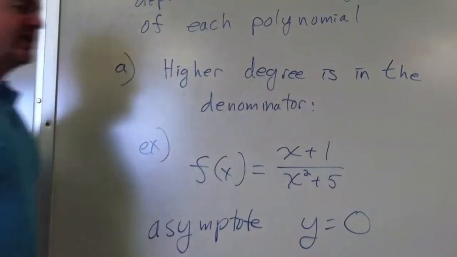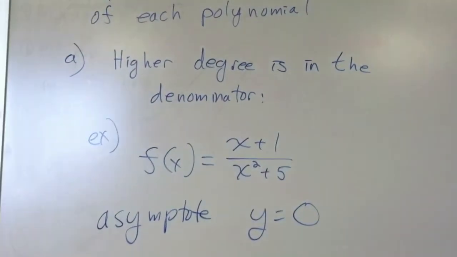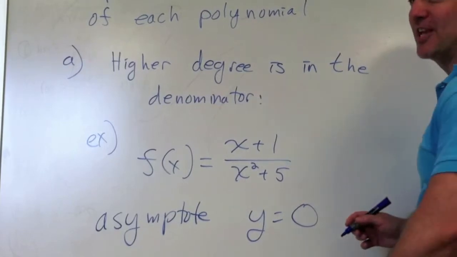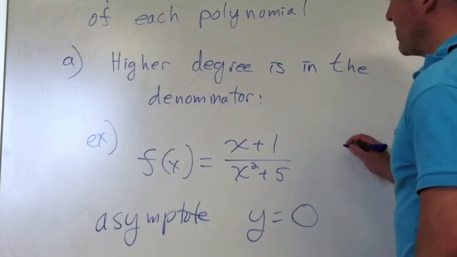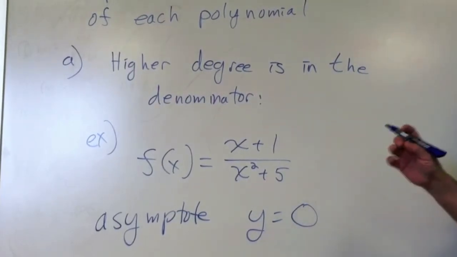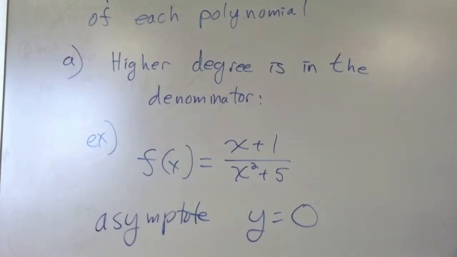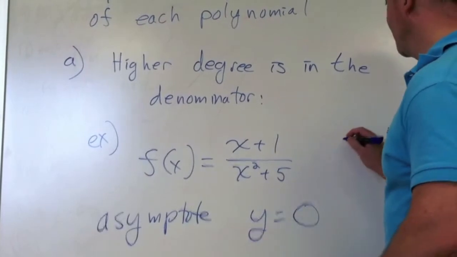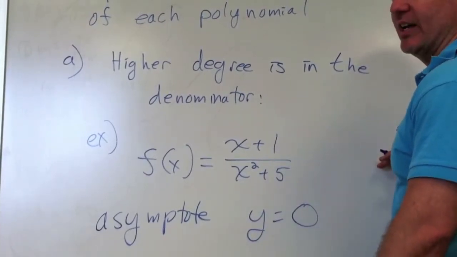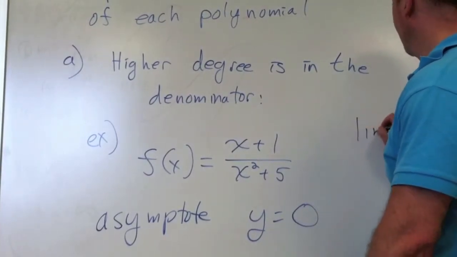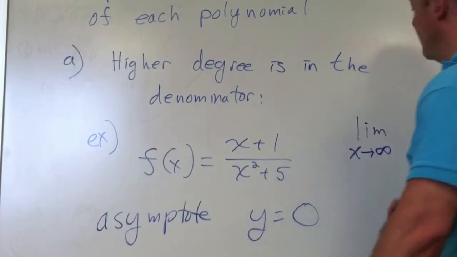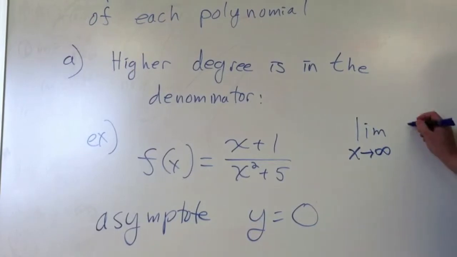The horizontal asymptote is what the function is approaching way out to the left or way out to the right. So let's talk about just out to the right for this example. This is the limit as x approaches infinity. That means as x goes as far out as we can imagine, what does y do?